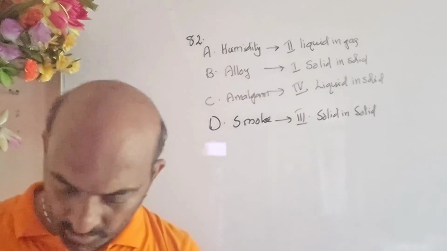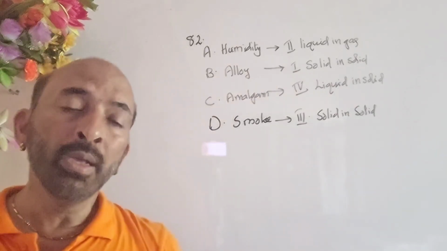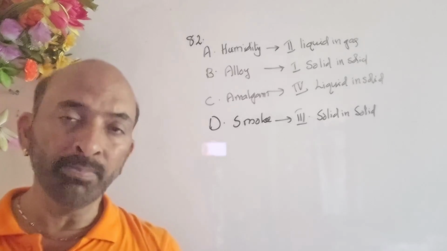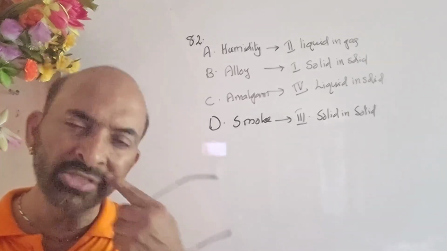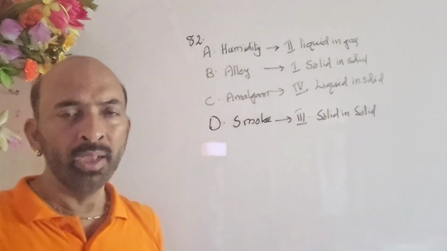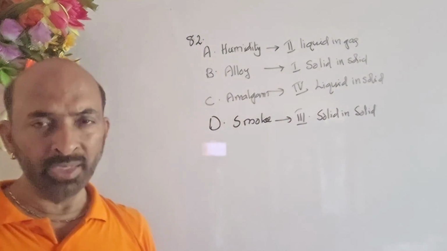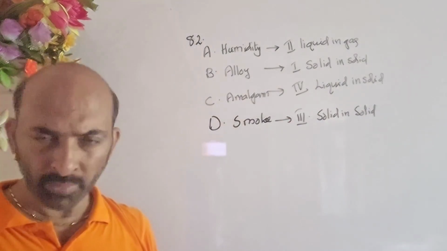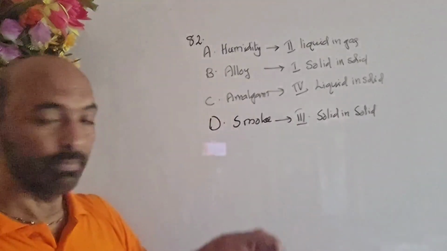Amalgam is obtained by adding mercury to certain metals, and the resultant mixture will be a solid. So you can say it is liquid in solid, the metal impregnated with mercury.